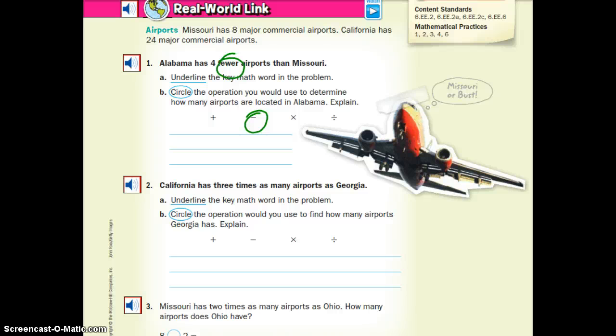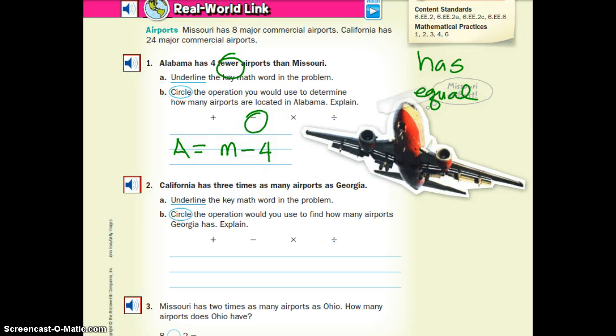Now, we know that Alabama, we'll use an A, has, the word has means equal. So Alabama has 4 fewer than Missouri. So Missouri minus 4.